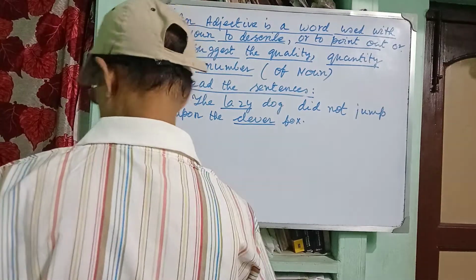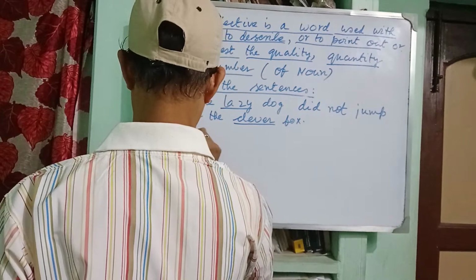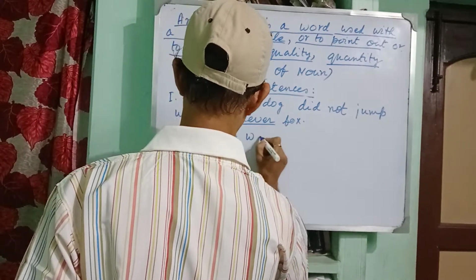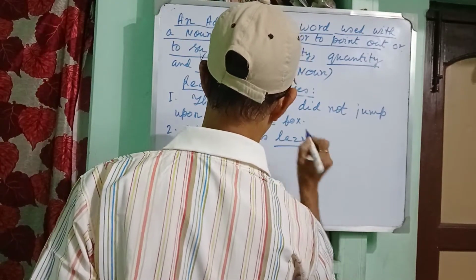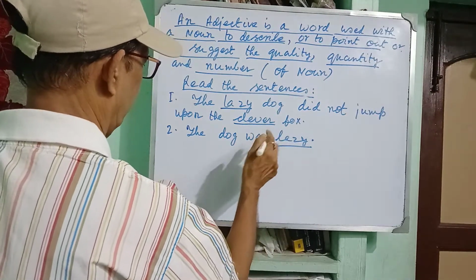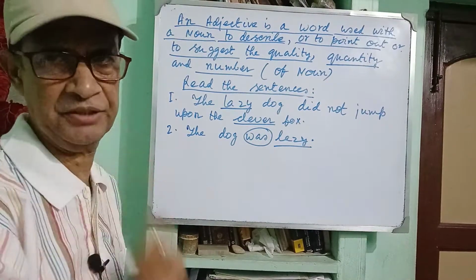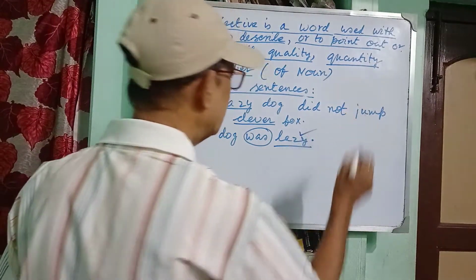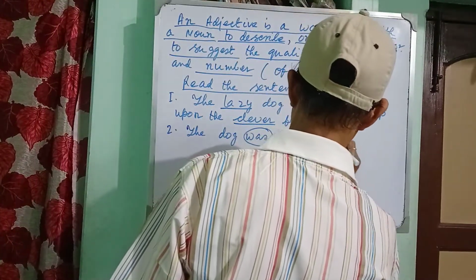Number two, please write down: The dog was lazy. You see that the adjective has taken place with the verb. Was is verb and lazy is adjective. So, it is called predicative adjective.